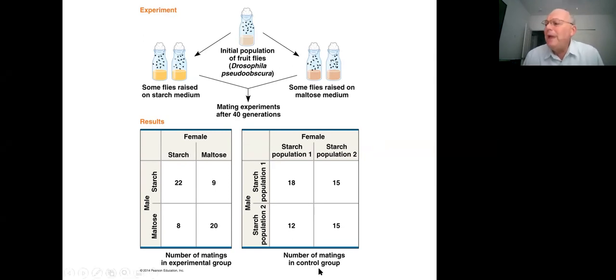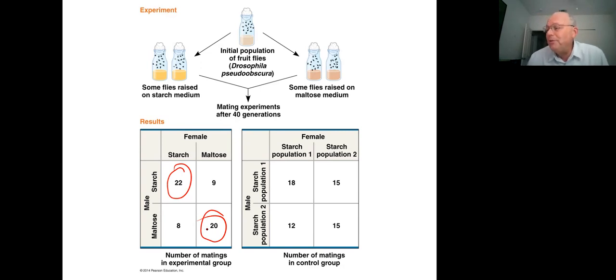So where they were matched up with individuals of different populations grown on the same sugar source, here and here, there was no preference shown for mating partners. Well, there was preference shown, sorry.